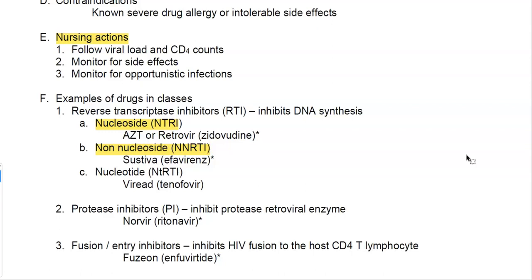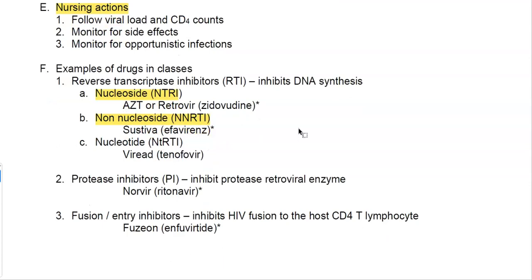You also have the protease inhibitor, which inhibits the protease retroviral enzyme. That would be ritonavir. And there are also the fusion entry inhibitors, which inhibit the HIV fusion to the host CD4 T lymphocyte, which is enfuvirtide.